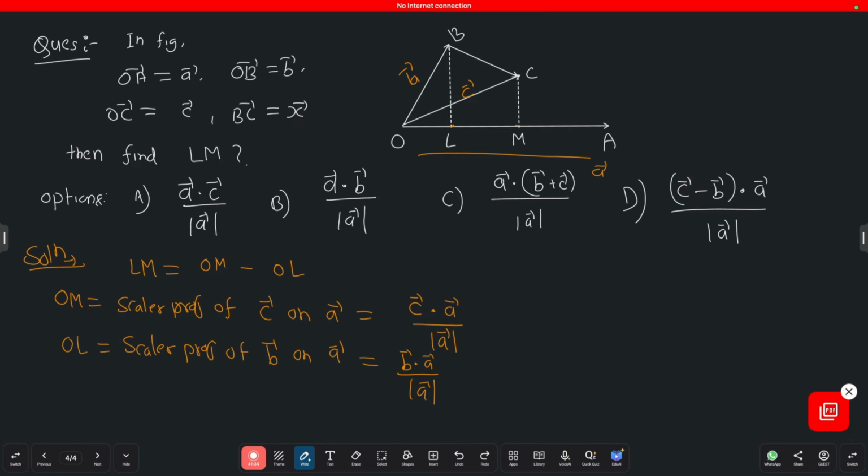Now put these values in equation 1. Suppose it is the first equation, this is the second equation, this is the third equation. Put the values of equation 2 and equation 3 in equation 1.